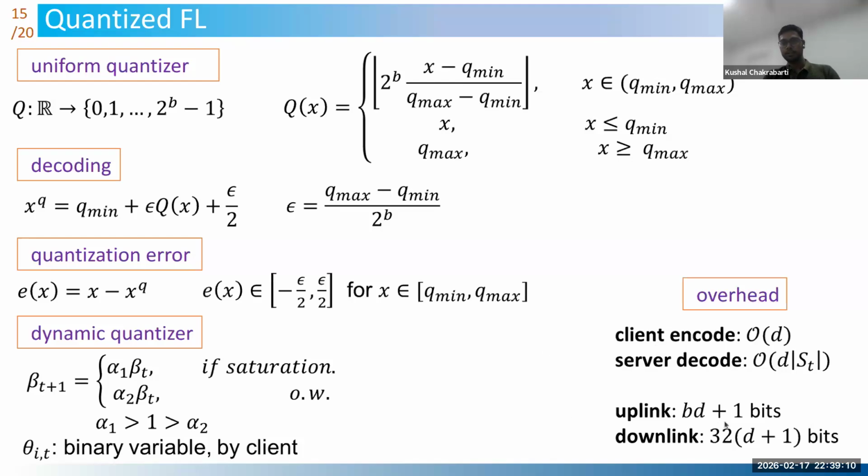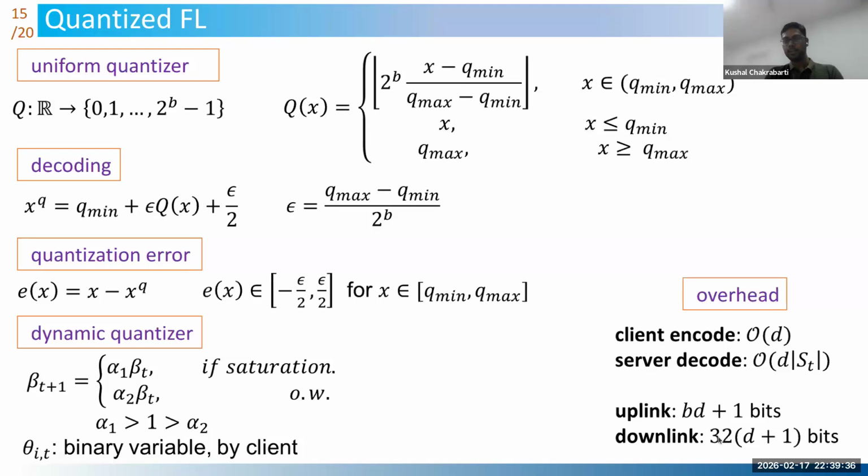And if you look at the communication complexity, in the uplink each client sends b bits for each scalar quantity, and because x is a vector, the quantization is implemented component-wise. So for one scalar component it is b bits, for a d-dimensional vector it is b into d, plus this binary variable, so the total is b into d plus 1, which is still order of d.